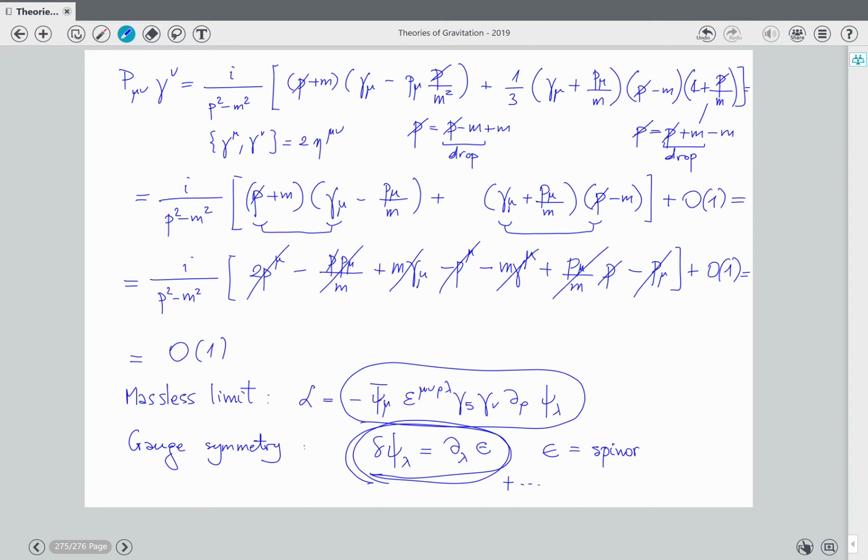So when you include the two things, you will have diffeomorphisms, local Lorentz invariance, and you will have this extra local symmetry, and that is called local supersymmetry or supergravity. So the gauge field of the supersymmetry is the gravitino. So you have to covariantize the derivative also in the sense of this symmetry.